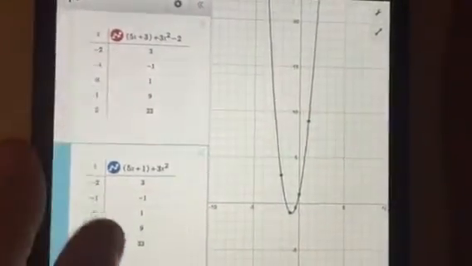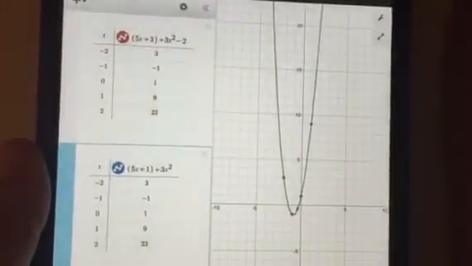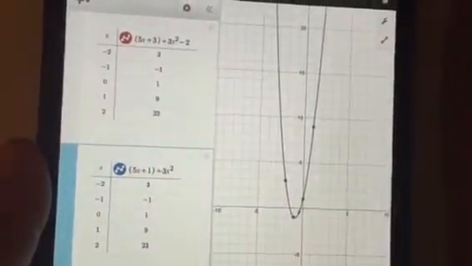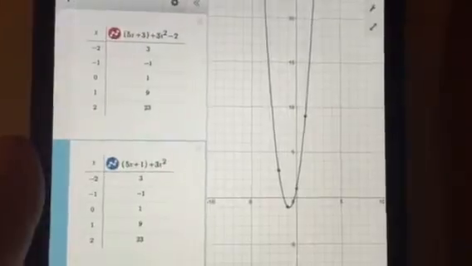And if you notice, the values, when you use an input of -2, the output is 3. When you use an input of -1, the output in both cases is -1. So this is a way to confirm that for sure the graphs are matching up and that you're not just missing the other one and it's off somewhere off the screen.